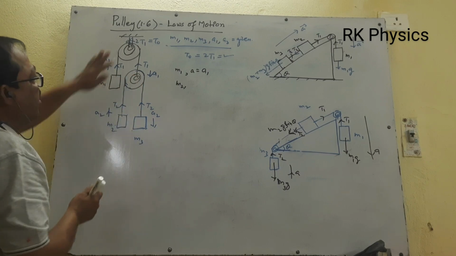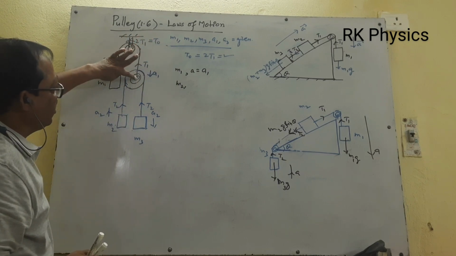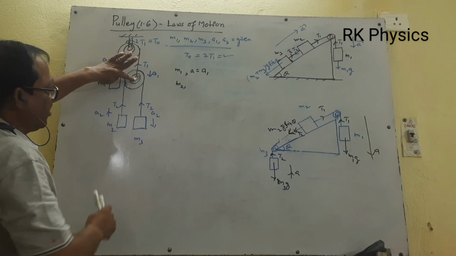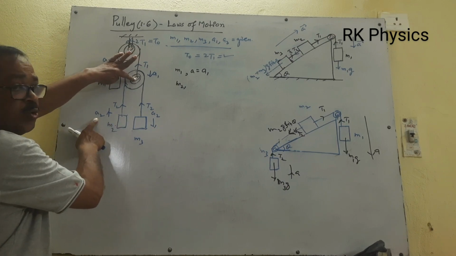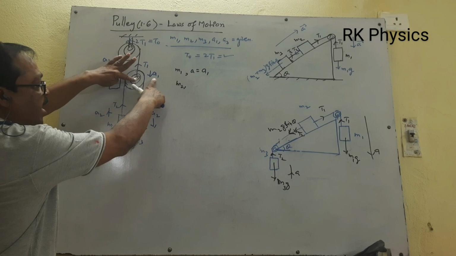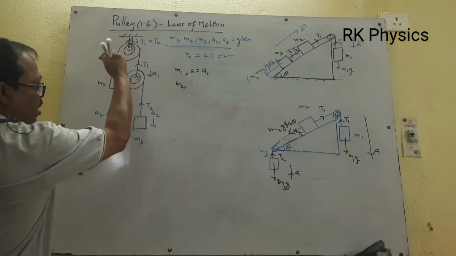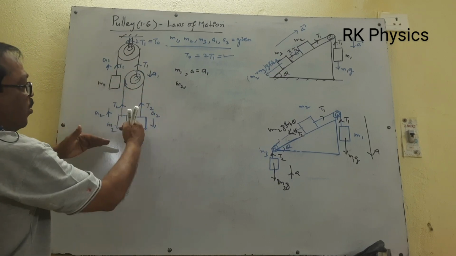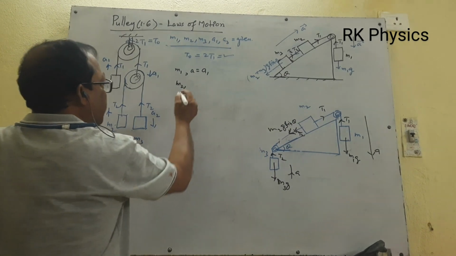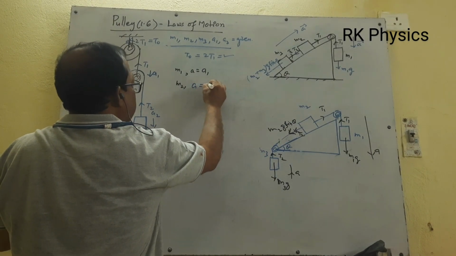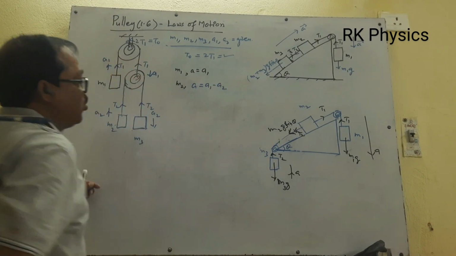If you assume this pulley is at rest, m2 is moving with a2, but the pulley is moving with a1. The pulley is moving down, but this mass is moving up. Therefore, the acceleration of m2, you write a equal to a1 minus a2.